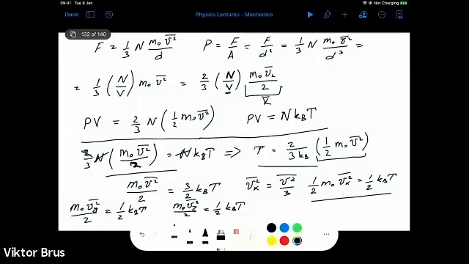So we see that since a monoatomic particle which forms the ideal gas under consideration has 3 degrees of freedom, and degrees of freedom represent the number of coordinates, the number of parameters which define the position of this particle.